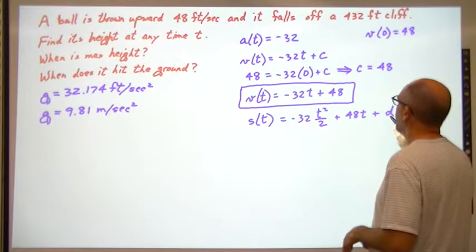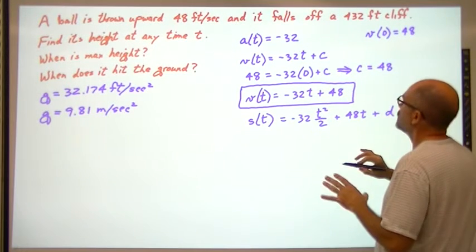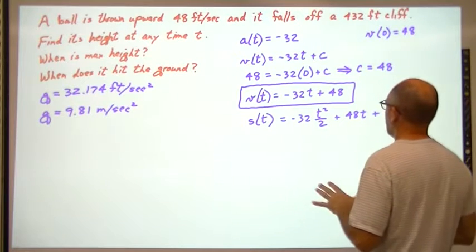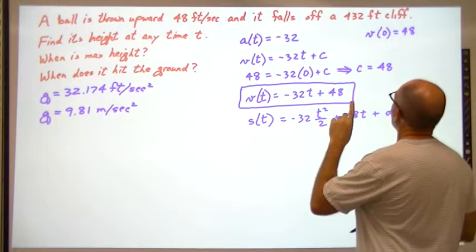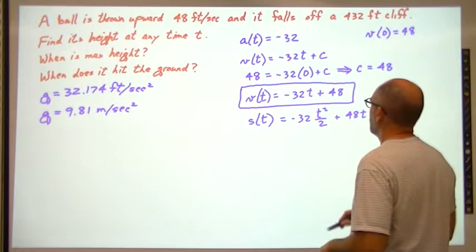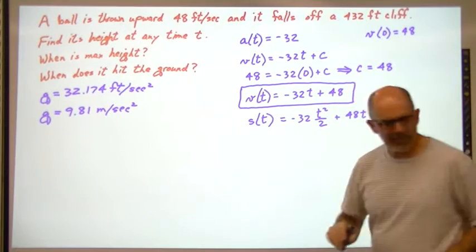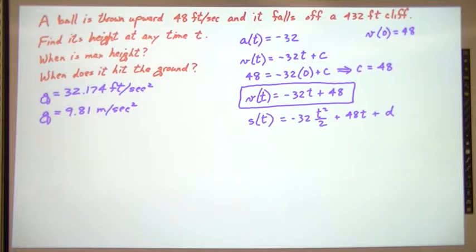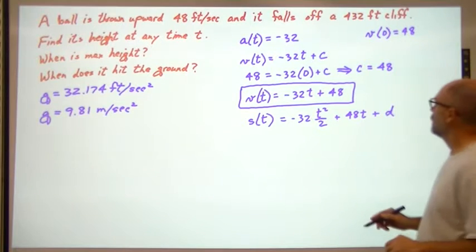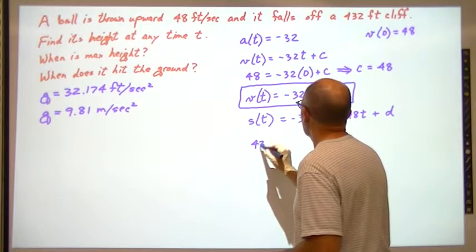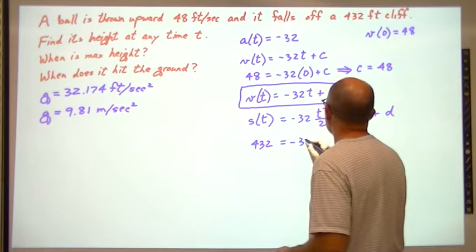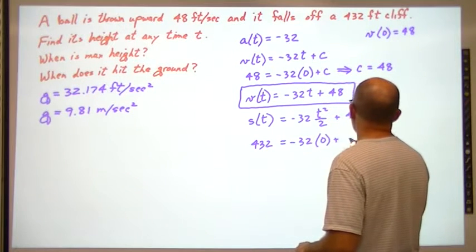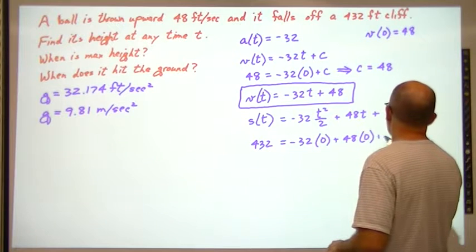But now we know that the initial displacement is 432 feet. So that means we go 432 equals negative 32 times 0 plus 48 times 0 plus d.